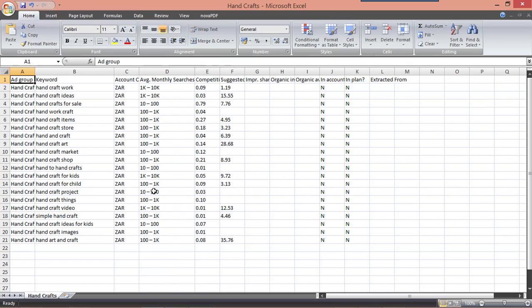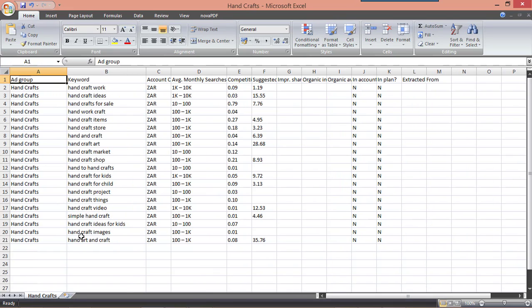This 10 to 100 searches a month is not a lot, so I don't really want to make a page that's just handcraft project. But I will throw the keyword project into the end of handcraft ideas and projects. So now I've included the 50 people into the 2,000 or 5,000 people here. The trick here is to combine these keywords, but you now know what to target.